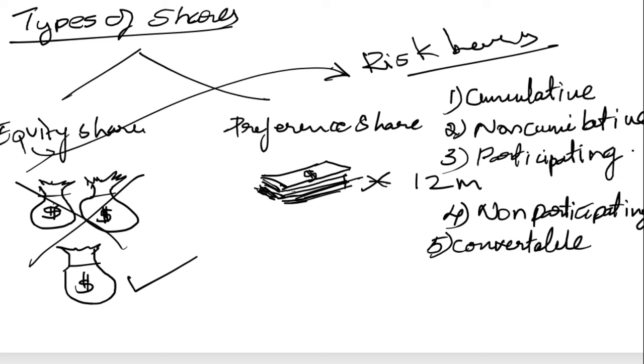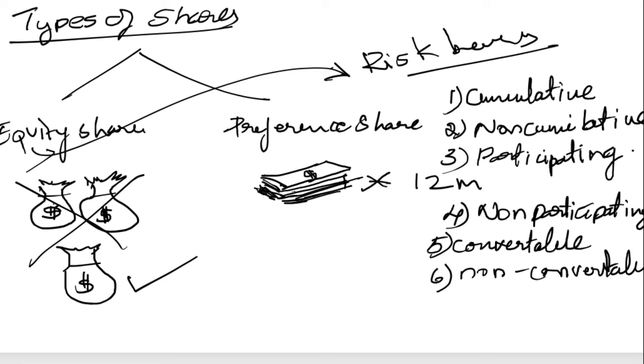Non-convertible shares have no right to convert into equity. So all of 1 to 4 are non-convertible shares.